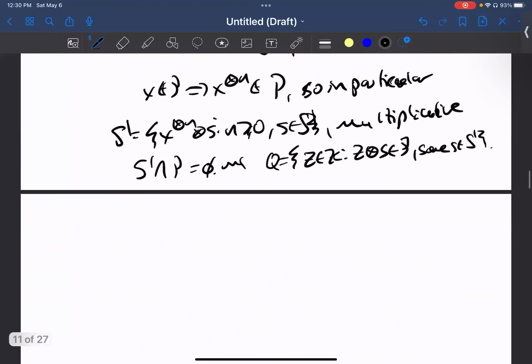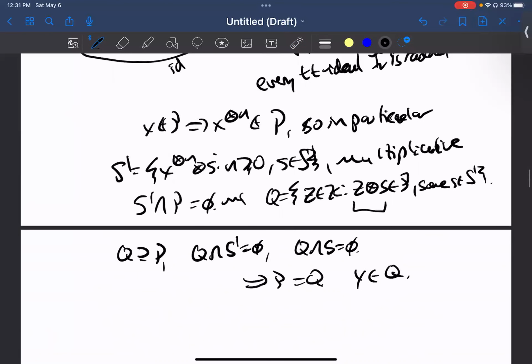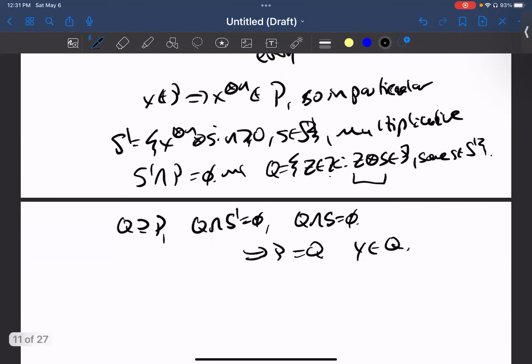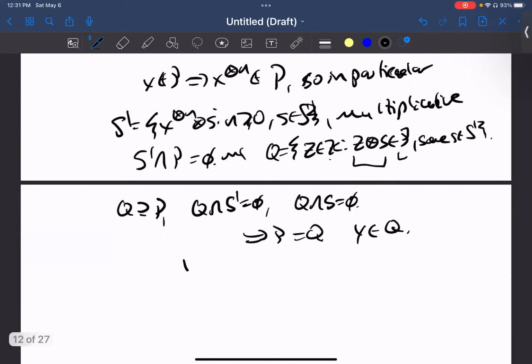And then note that Q contains P. Q intersection S prime is the empty set for the same reasoning as earlier. And in particular, Q intersection S is the empty set. So by maximality of P, that means P equals Q. But we have in particular that Y is an element of Q since Y tensor X is in P. So Y is an element of P and P is prime.